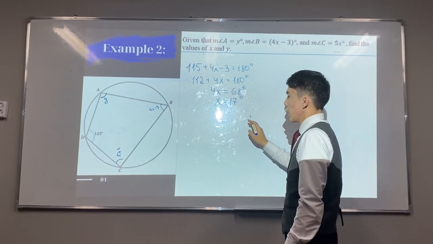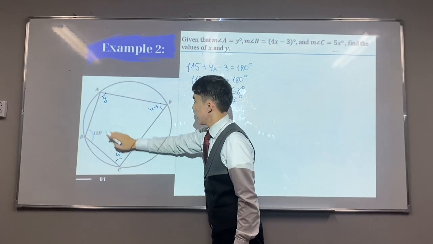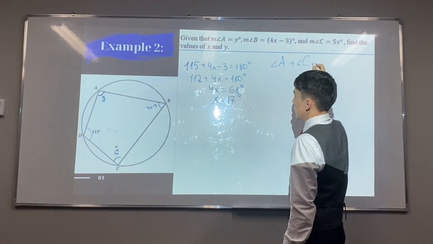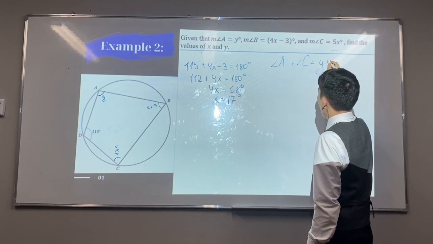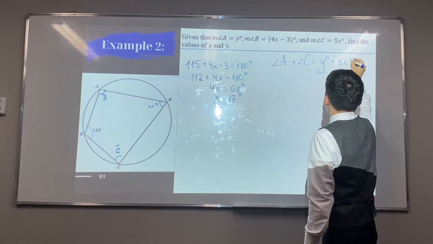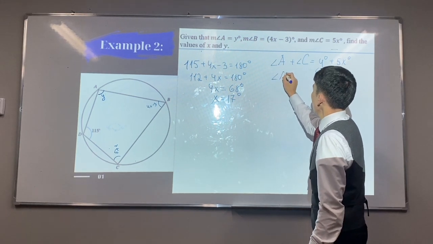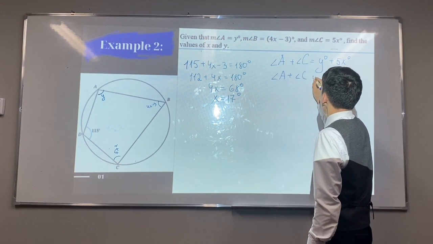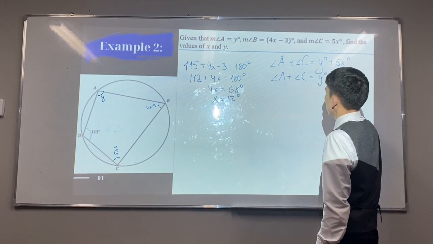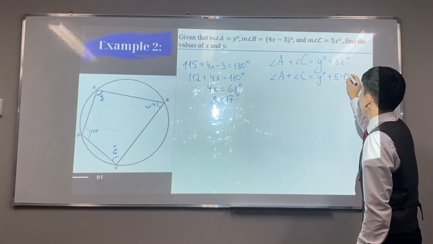After that, we know that x equals 17 degrees. Then we can find the other angles: angle A plus angle C equals y degrees plus 5x degrees. Using our x, angle A plus angle C equals y degrees plus 5 multiplied by 17.